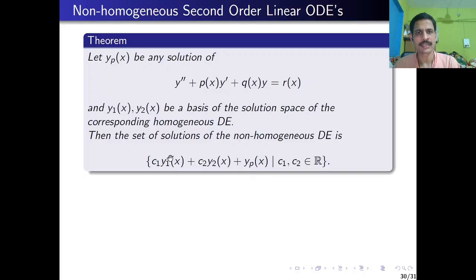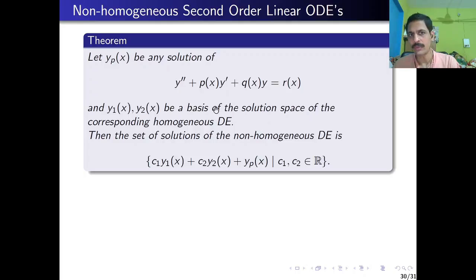What does it say? Suppose you have the associated homogeneous differential equation, namely y'' + p(x)y' + q(x)y = 0, having y1 and y2 as two linearly independent solutions. Then what is the general solution of the homogeneous differential equation? c1y1 + c2y2. So how do you get the solution of the non-homogeneous ODE?